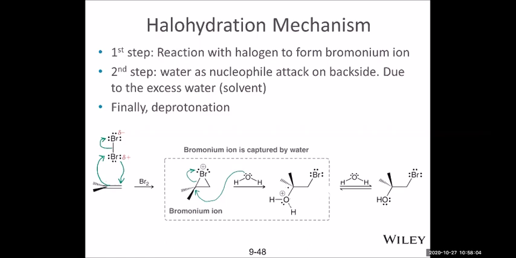Finally, you just need to remove the proton using the nucleophile water, giving us the final product. So that's the last step of the reaction. Using arrows, it'll be just like this.